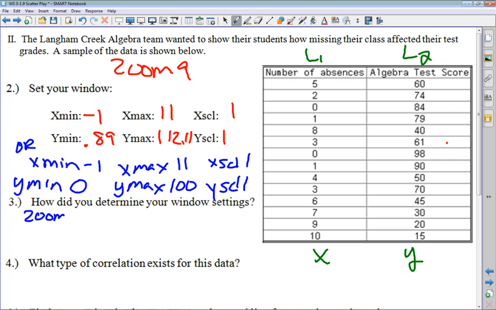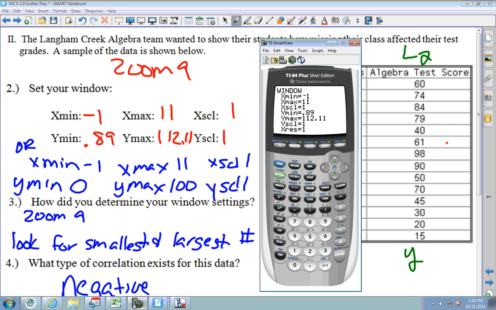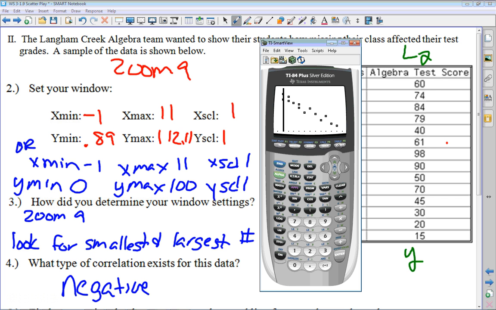I can press zoom 9 or look for the smallest and largest number. What type of correlation? We said that there was a negative correlation. Remember, just in case some of y'all forgot, when I pressed graph right here, look, it's going down.